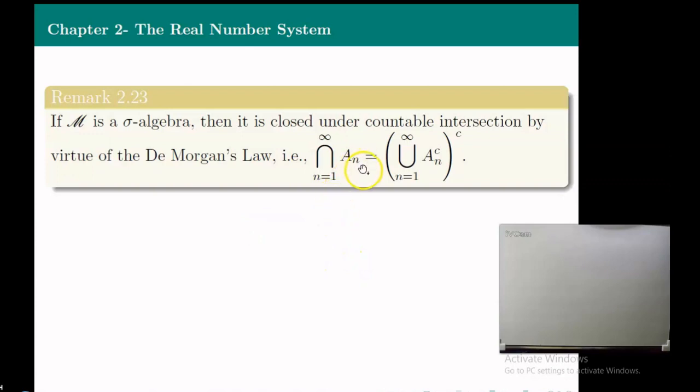So the same thing here for a sigma algebra, because a sigma algebra is closed under countable union from the preceding definition. So by virtue of De Morgan's law, it is closed under countable intersection.